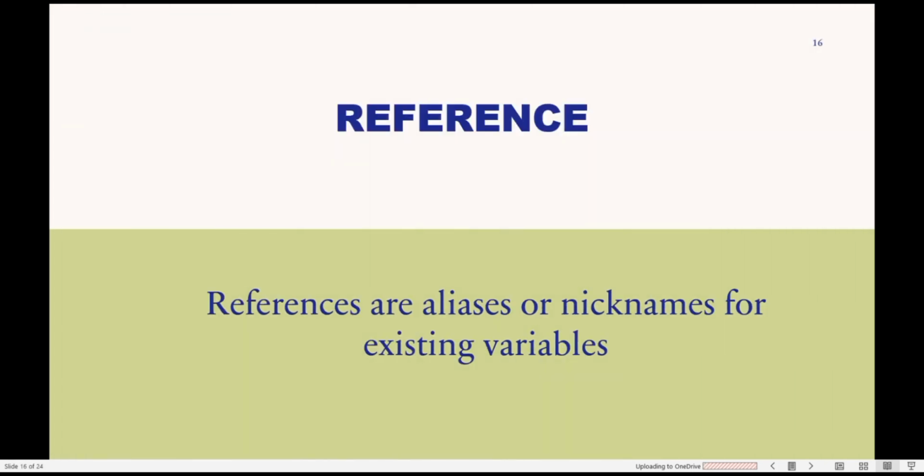References are aliases or nicknames for existing variables. They provide an alternative way to access and manipulate the data stored in a variable. References are mainly used to make code more readable and avoid unnecessary copying of data.